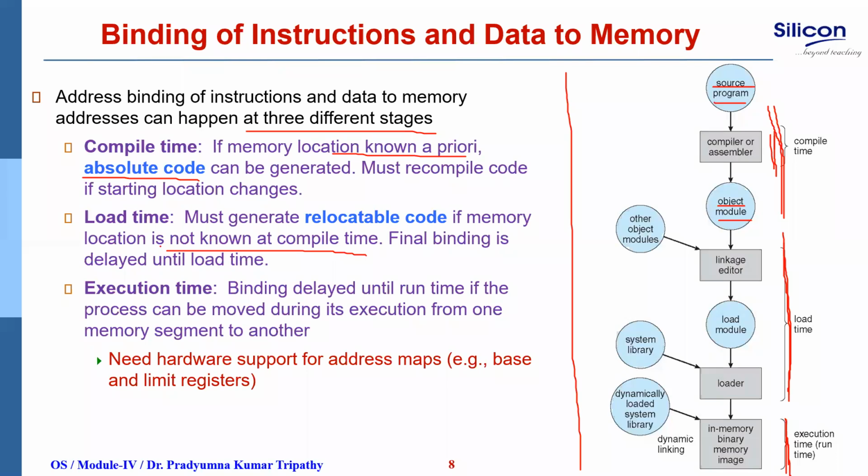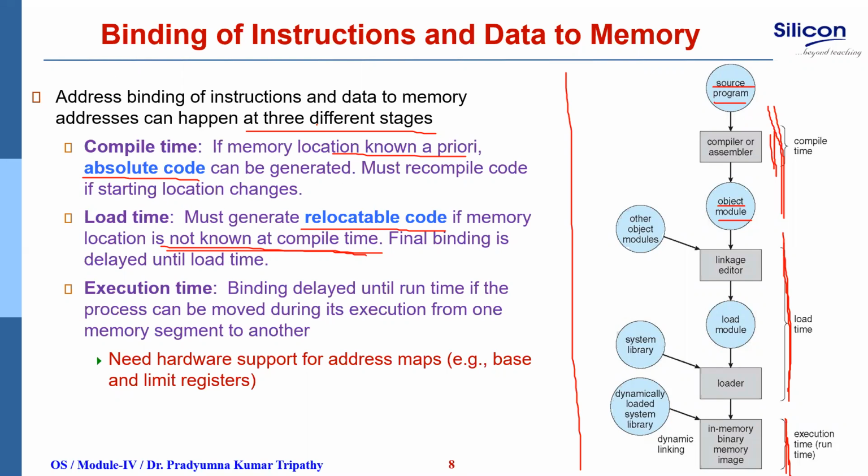If it is not known at compile time, we generate the relocatable code. So final binding is delayed until load time. Is it understood? If the memory location is known a priori, or known before, we say that code is called the absolute code. If the address is not decided at compile time, we say it is a relocatable code.